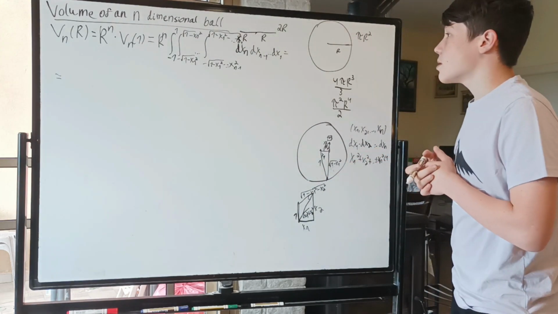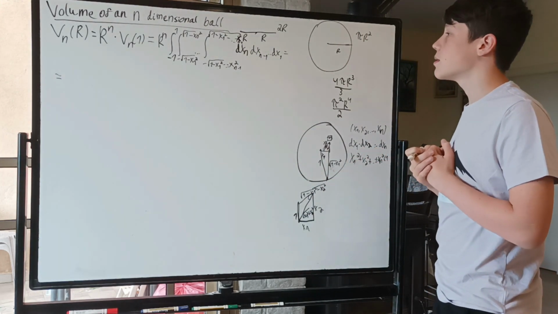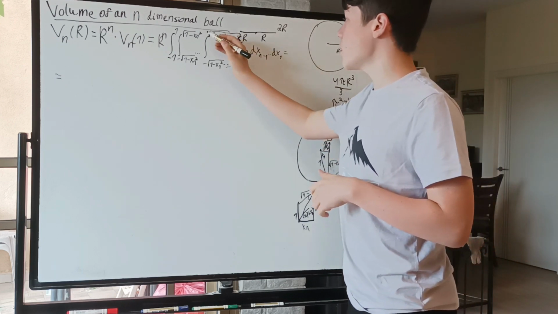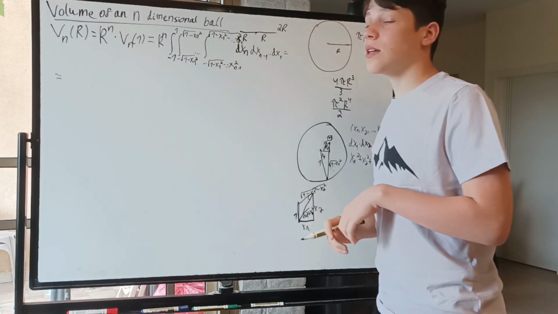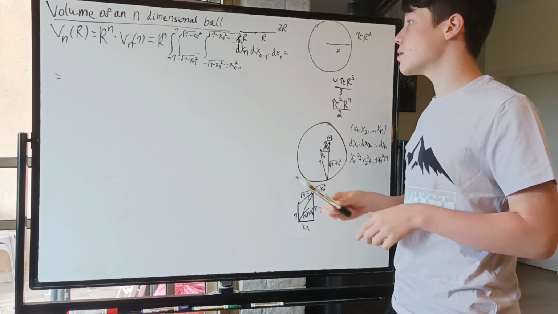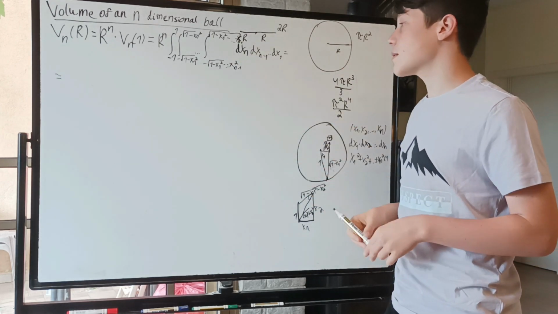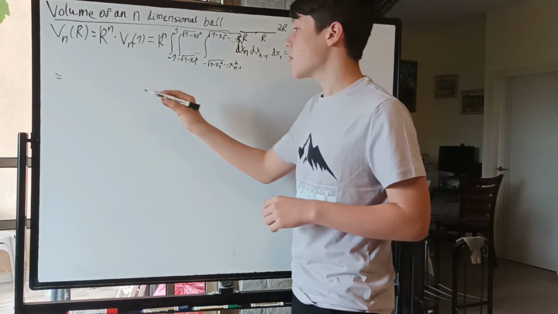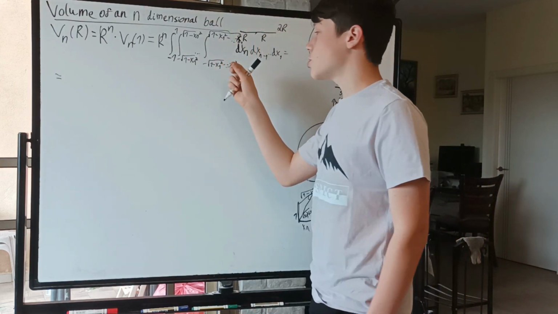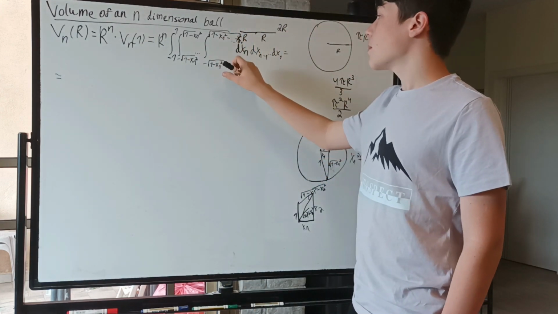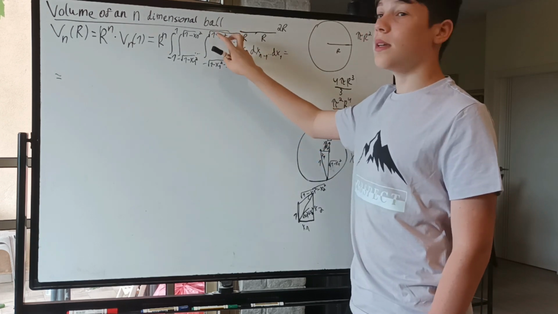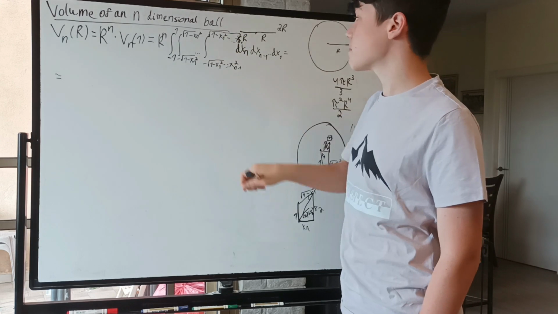So now we need to actually work this out. So let's look at this integral, because this is just the integral of a constant. This is the integral of 1 dxn. So this is just going to be this minus this. Because this is something and this is negative something, this minus this will be twice this.